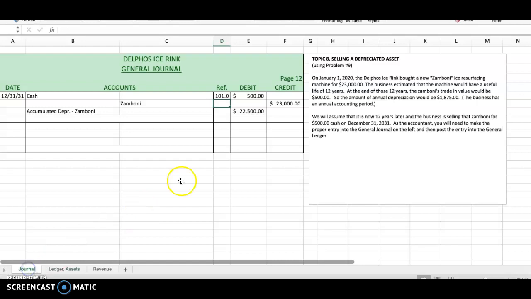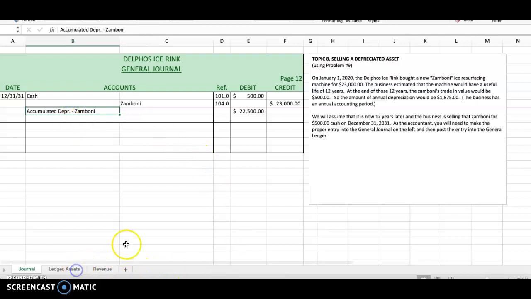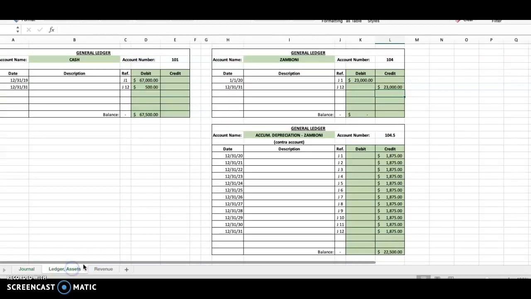So the account is 104. Then the accumulated depreciation account for the Zamboni is debited by $22,500. So on this date, and then again, journal page 12, it's debited by $22,500.